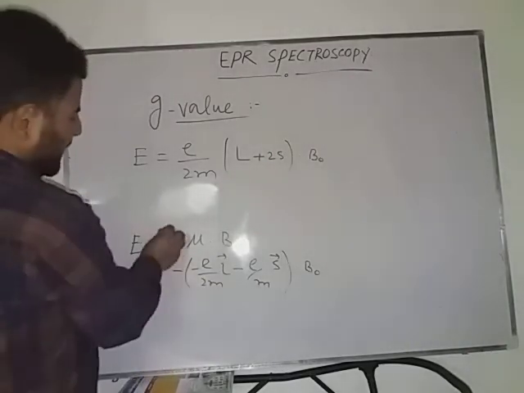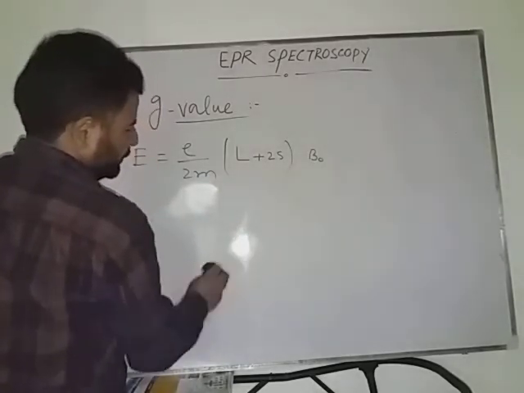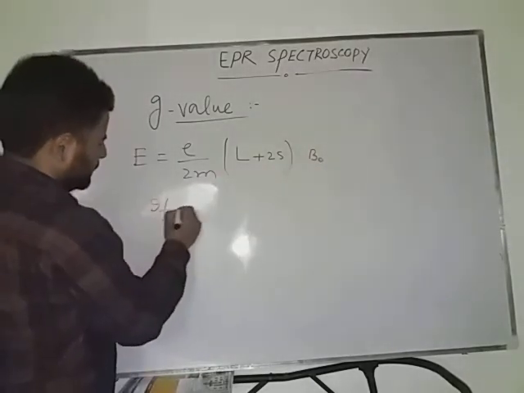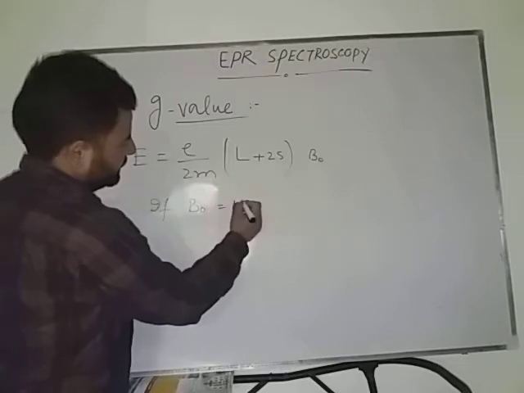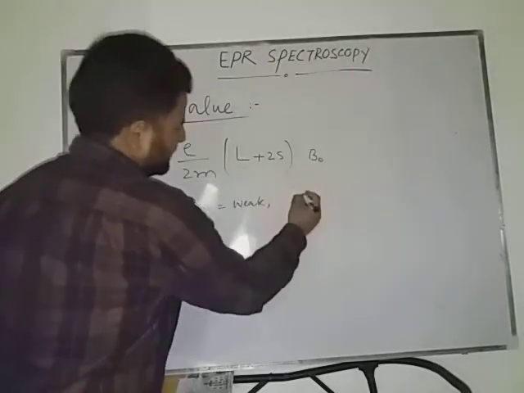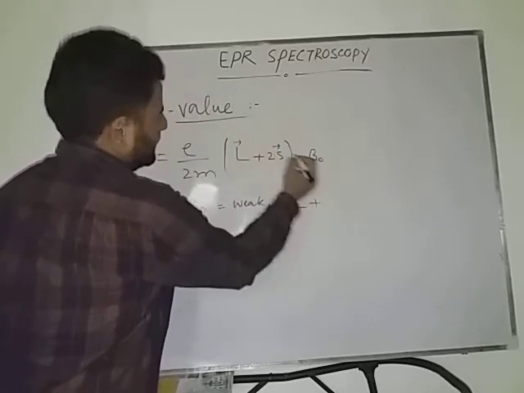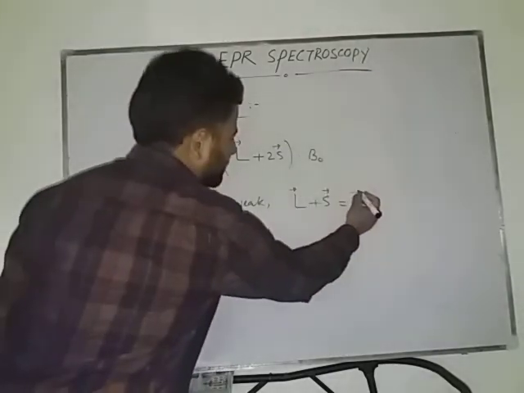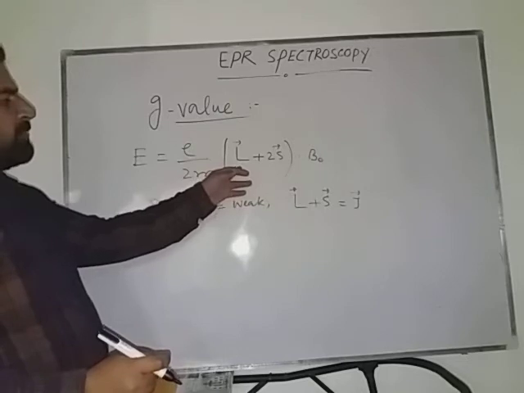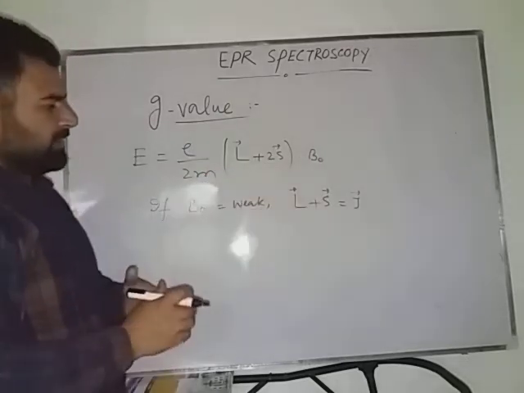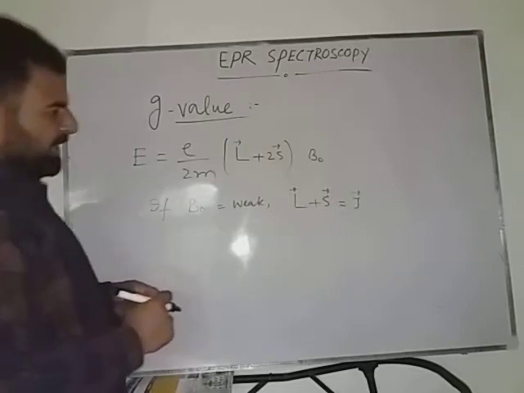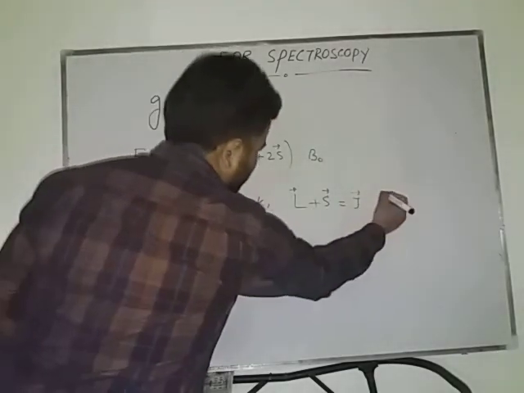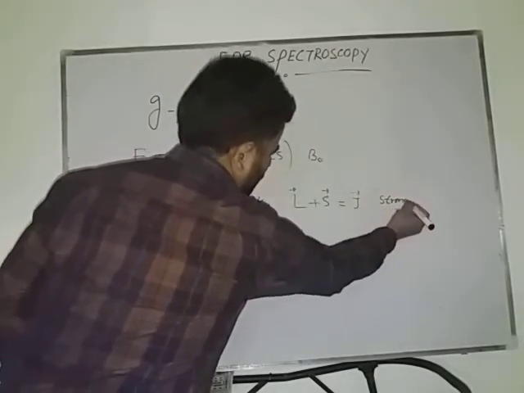So when this applied magnetic field B naught is weak, if we use a smaller applied magnetic field, at that time the contribution from orbital angular momentum and that from spin angular momentum will be equal to J, that means the total angular momentum, and this J value will be strong.